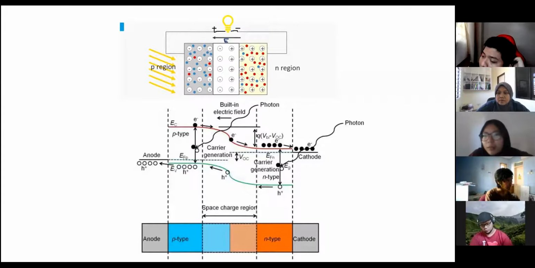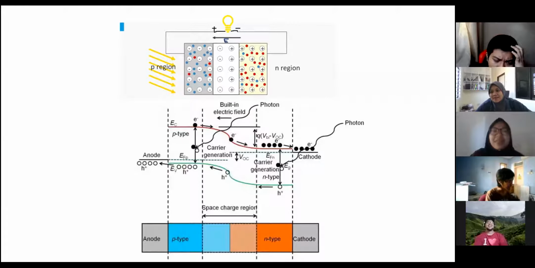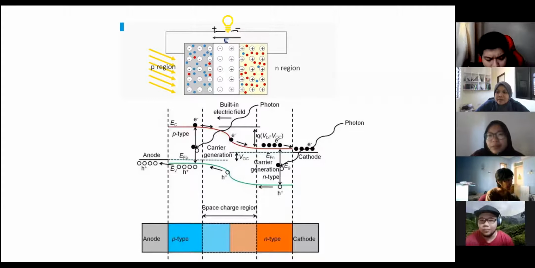There's no biasing as far as I know, the solar cell is self-biasing. Okay, zero bias. We learned before zero, forward, reverse bias. Zero bias is equilibrium, yes.